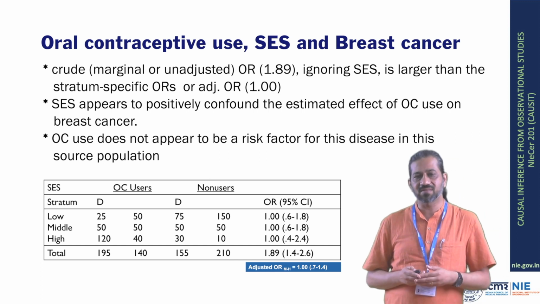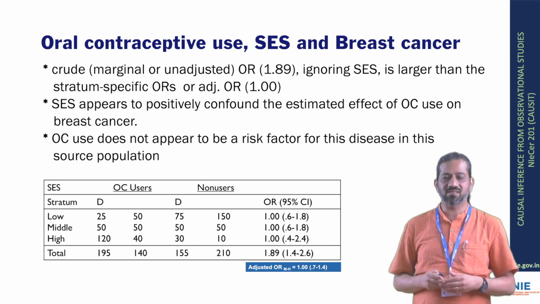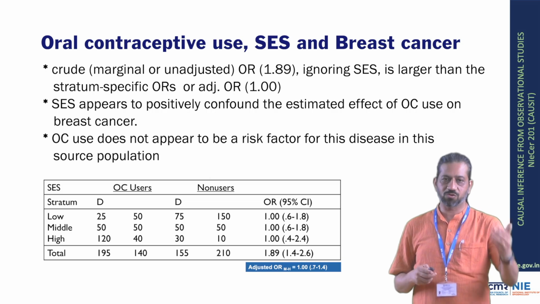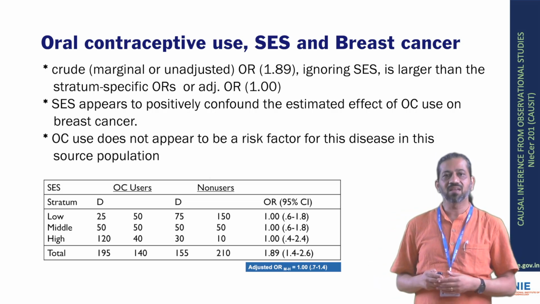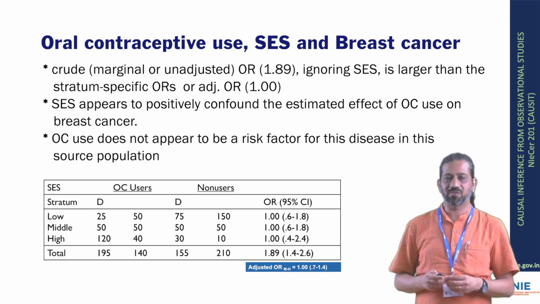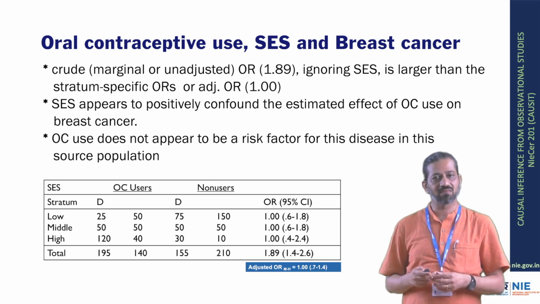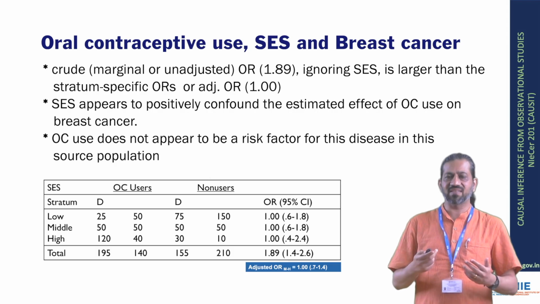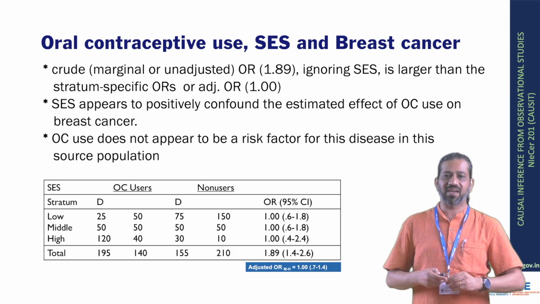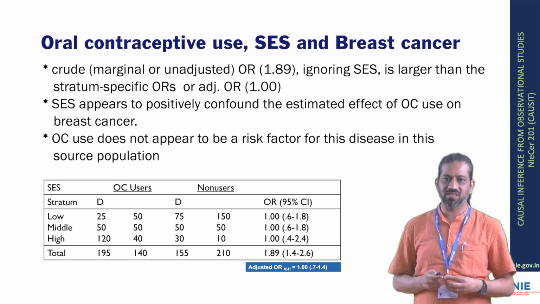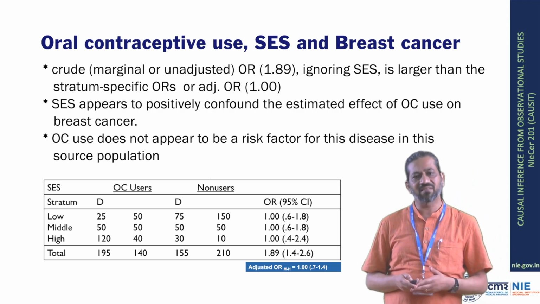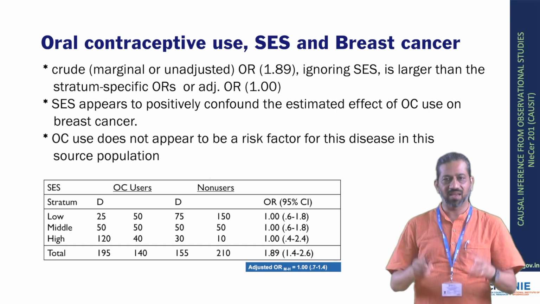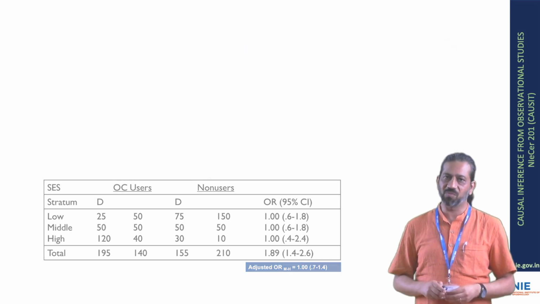What that means is that if we did not consider the confounding effect of socioeconomic status, we would have overestimated the effect of oral contraceptive use on breast cancer. That is 1.89. Whereas in reality, after adjusting for socioeconomic status, oral contraceptive use does not appear to be a risk factor for breast cancer in this particular study population.